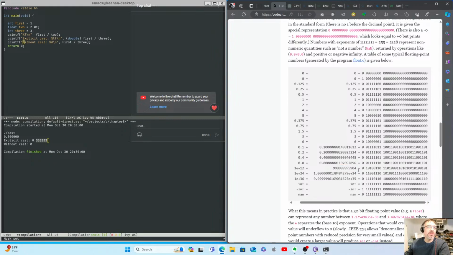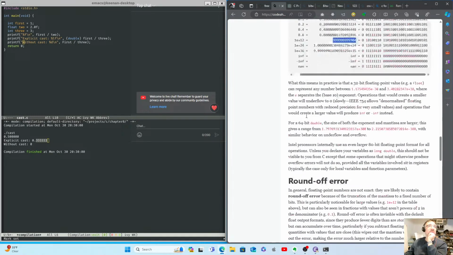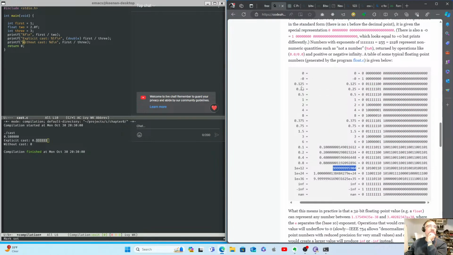Yeah, that's with the round off error. But it can also be seen in fractions with values that aren't powers of 2 in the denominators. Example, 0.1. Oh, wow, yeah. Okay.